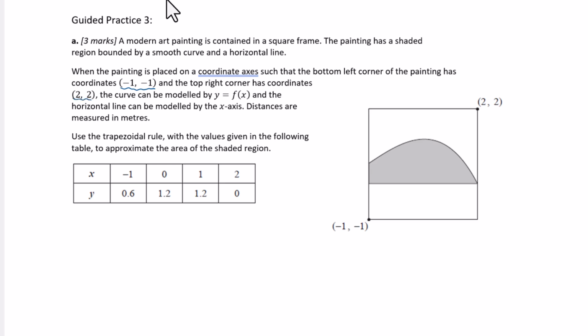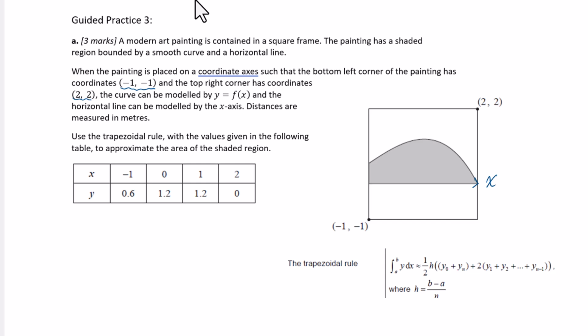The curve can be modeled by y equals f of x, and the horizontal line can be modeled by the x-axis. So this is the x-axis. Distances are measured in meters. Use the trapezoidal rule with the values given in the following table to approximate the area of the shaded region.